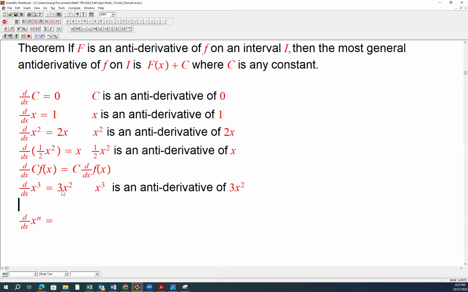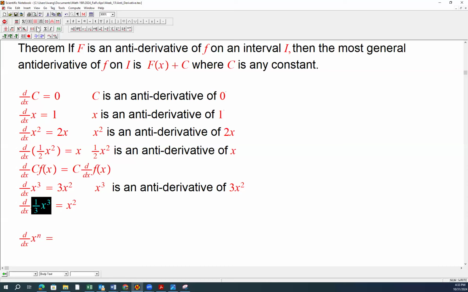If we divide both sides by 3, this is going to be 1/3. To apply the same property, we bring 1/3 inside the derivative.